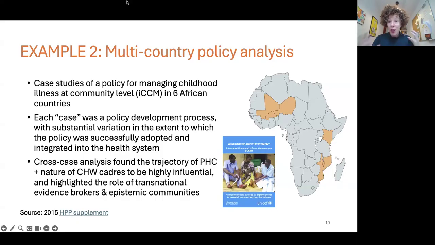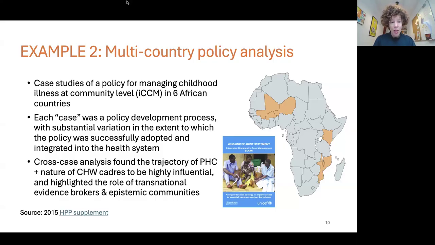But there's 6 very different cases in terms of how well it was integrated or not into the country's health system. So cross-case analysis found that there were some key determining factors, such as the trajectory of primary healthcare within that country, the nature of the community health worker cadres, things like that really influenced how well this policy was able to work in each of these countries.